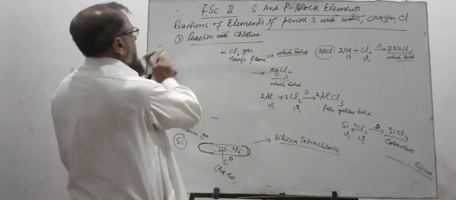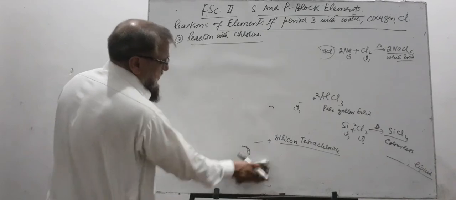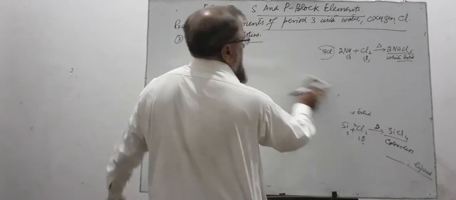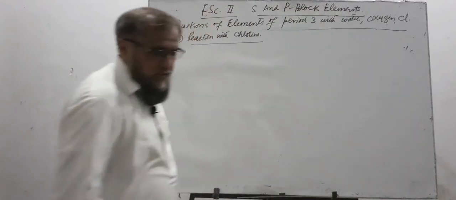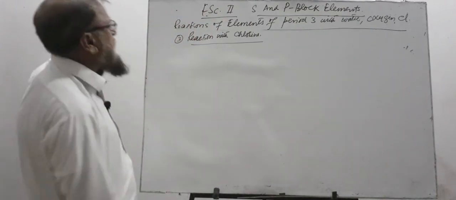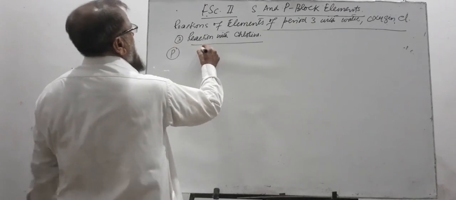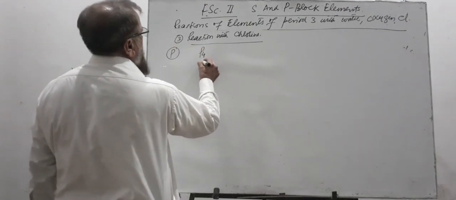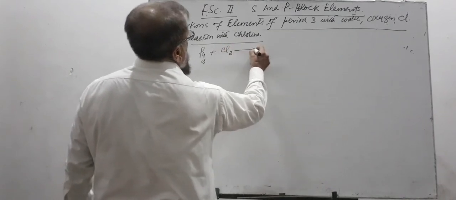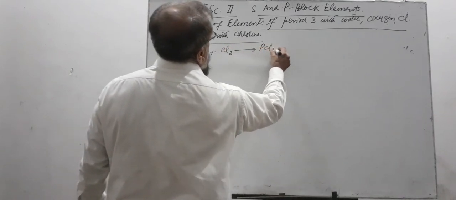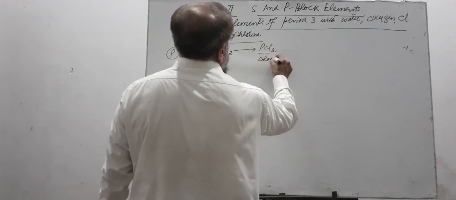Phosphorus reacts with chlorine and produces two types of chlorides. It produces phosphorus trichloride and phosphorus pentachloride. The reaction for phosphorus trichloride is P4 solid plus Cl2, we get PCl3, phosphorus trichloride, which is a colorless fuming liquid.